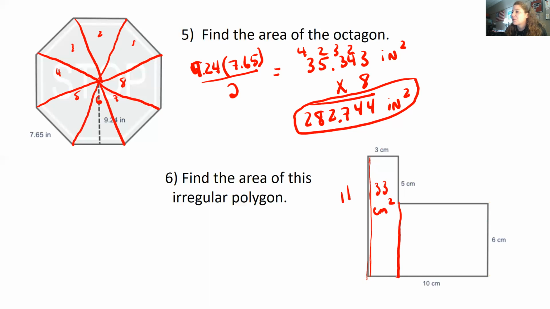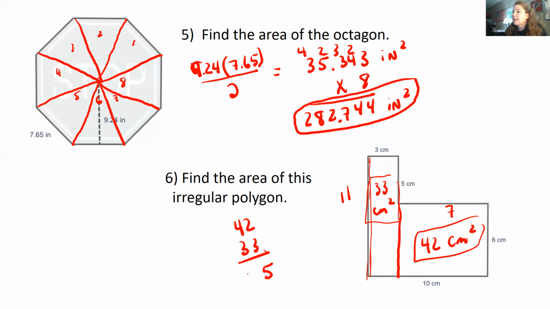No, because we took off 3 centimeters, so we're going to use 7. So 6 times 7 is 42 centimeters squared. So how do we get the area of the whole thing? We add 42 and 33, and we get 75 centimeters squared for the whole polygon.